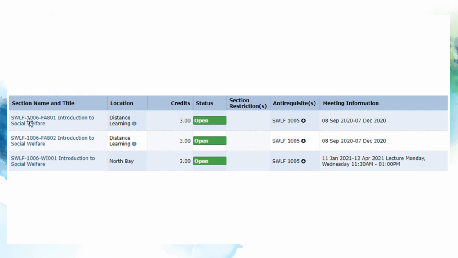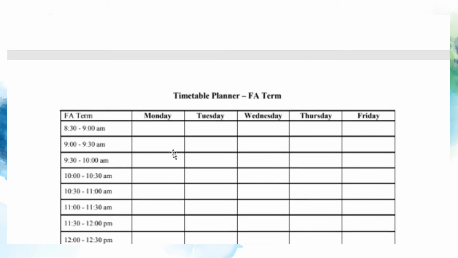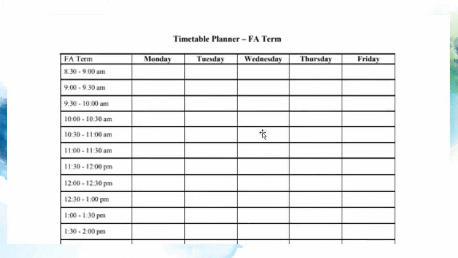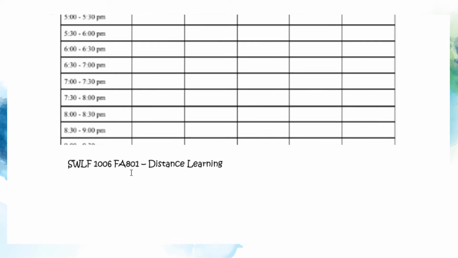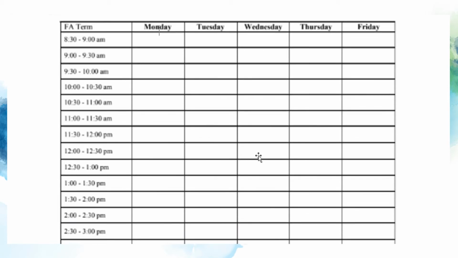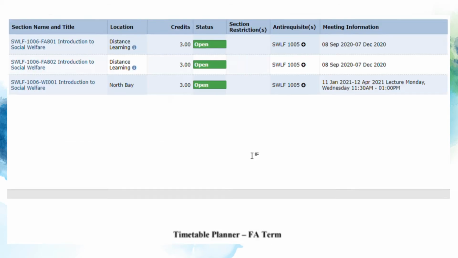In the fall, Social Welfare 1006 is offered as a distance learning online course. This means that there are no designated meeting times. So what we will do is write it down on the bottom of our fall timetable, just like this, depending on which section you choose, 801 or 802, so that we don't forget about it come registration time.